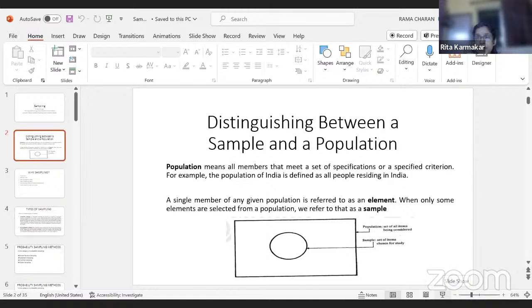Just for the mere example, if I would like to study the attitude of Indians towards taking bribes, what would be my population then? Anyone?